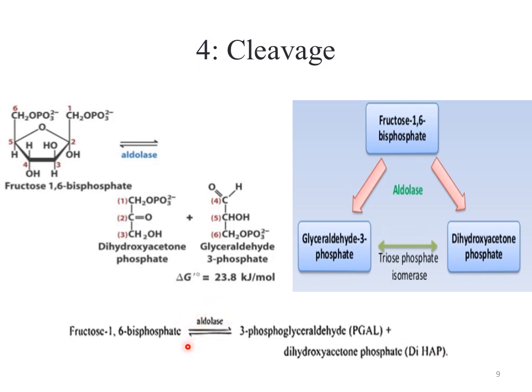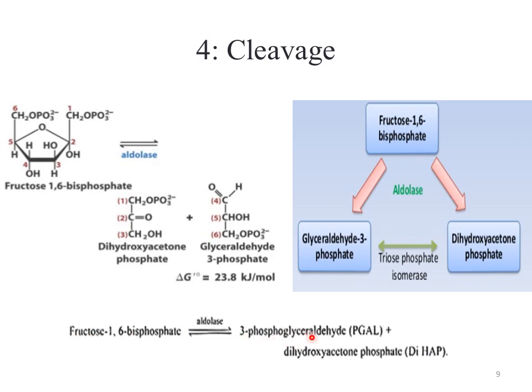It is called cleavage because now this fructose is a 6 carbon compound. If you remember the lecture on carbohydrates, in which I explained the structure of sucrose, fructose, glucose, mannose, and other monosaccharides. Here fructose is a 6 carbon compound and it gets converted into two 3 carbon compounds.